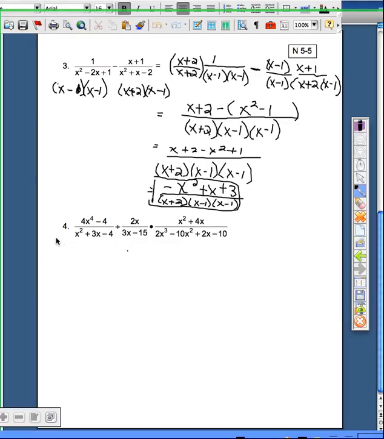So we can factor. This one will factor as 4 times x to the 4th minus 4. And factoring this denominator would be x plus 4 times x minus 1.